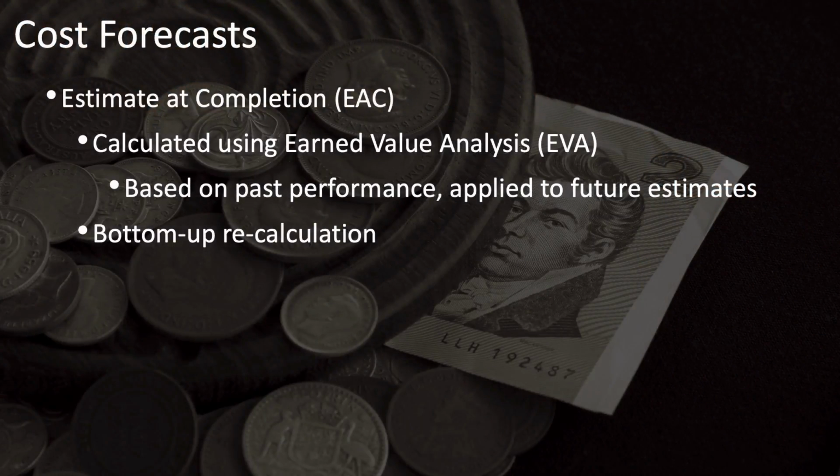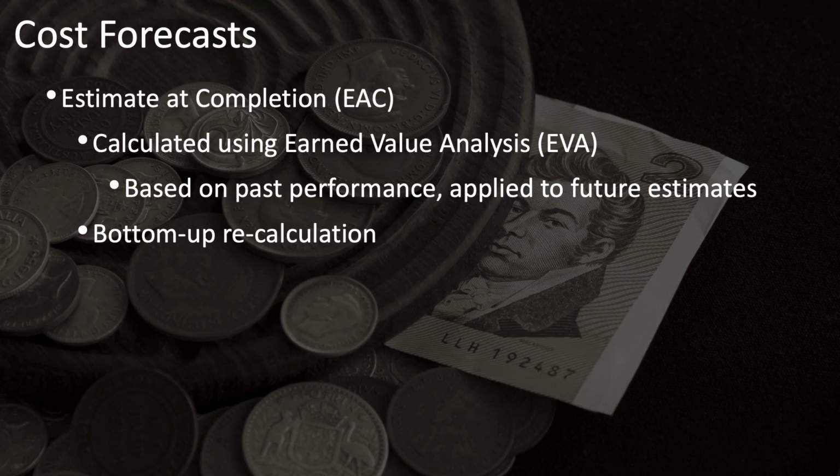When you forecast your project costs to determine how much you think the project is going to cost, this may and usually will be a little bit different than your cost baseline. And this new estimate of total project costs is known as the estimate at completion.